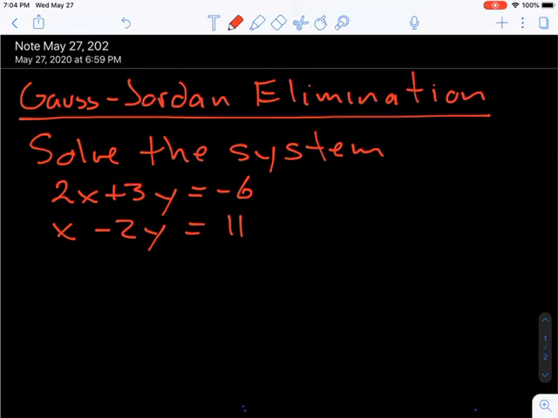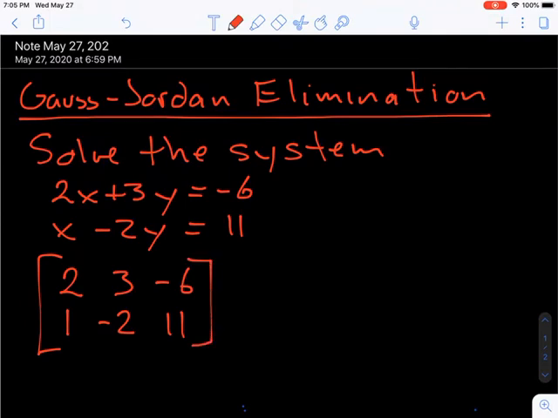So the coefficients of x are 2 and 1. The coefficients of y are 3, -2, and the constants are -6 and 11. We then put those in brackets, and we have an augmented matrix.